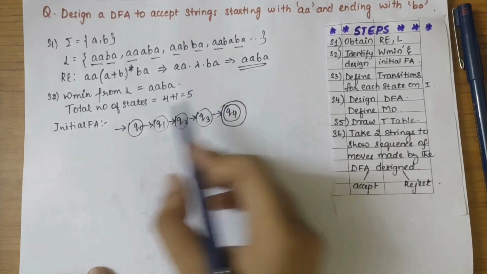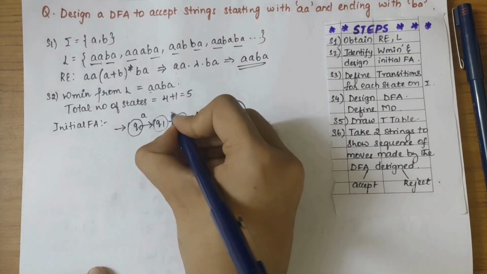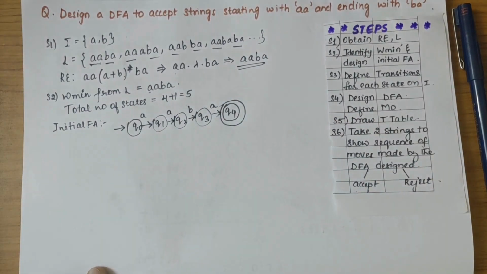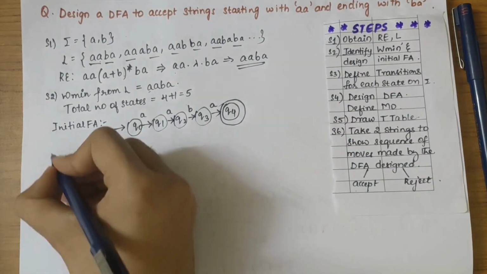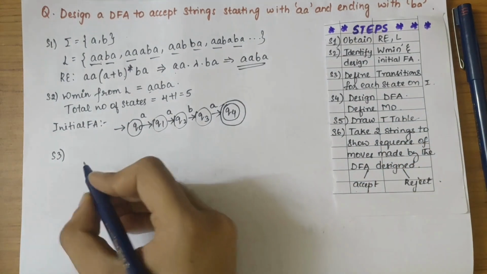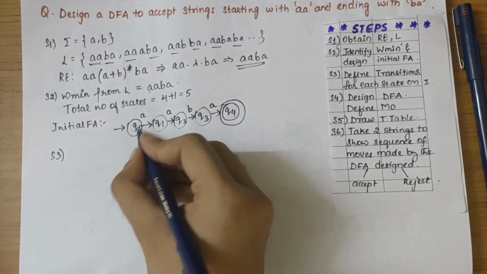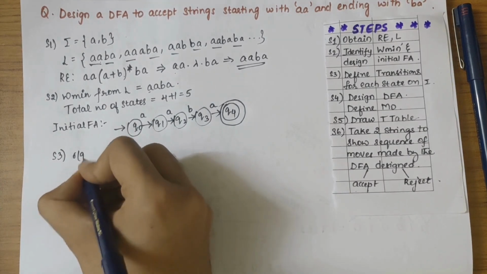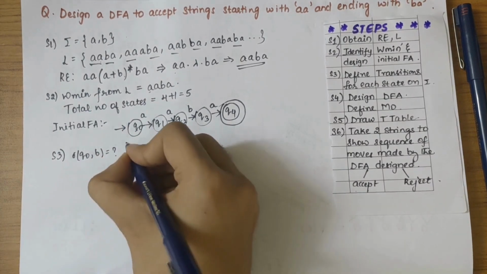So here we have AABA, right? Let's write it here, AABA. Fine, we have designed the initial FA. Our step 3 is to define the transitions from each state on each sigma. So first, the transition of Q0 on A is defined, but the transition of Q0 on B is unknown.